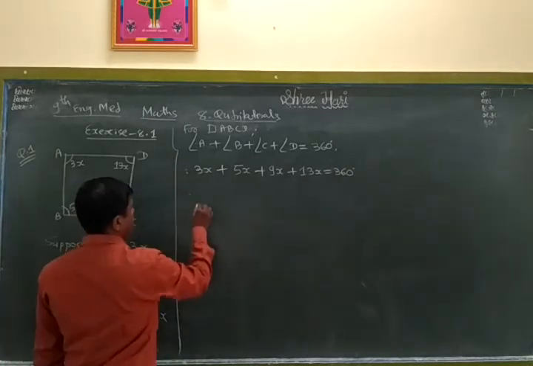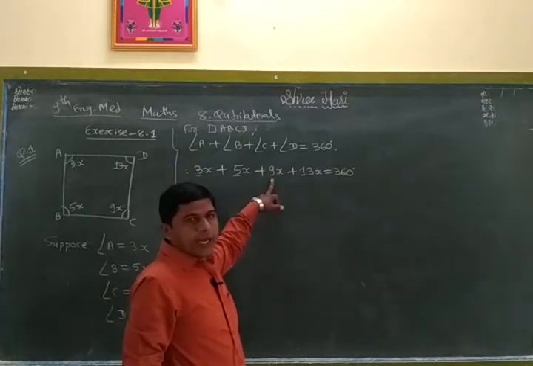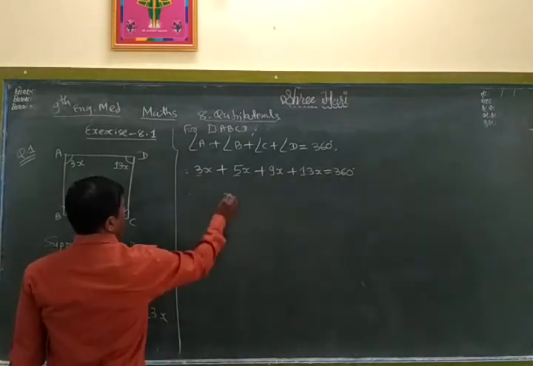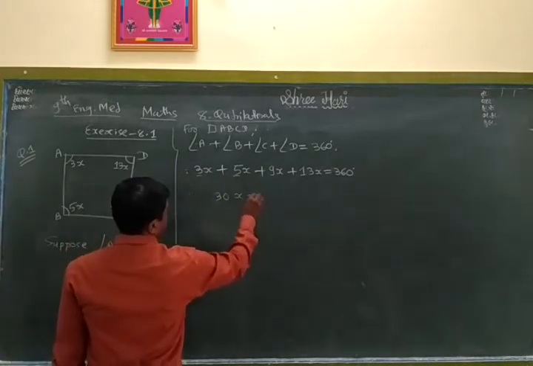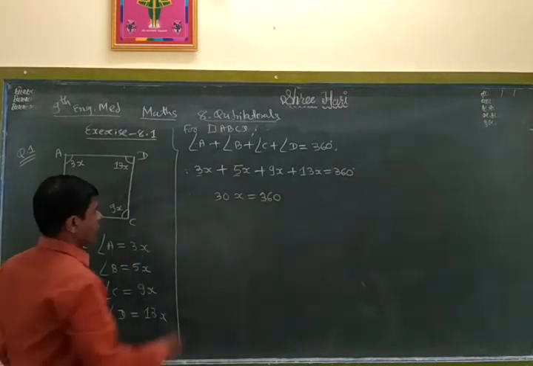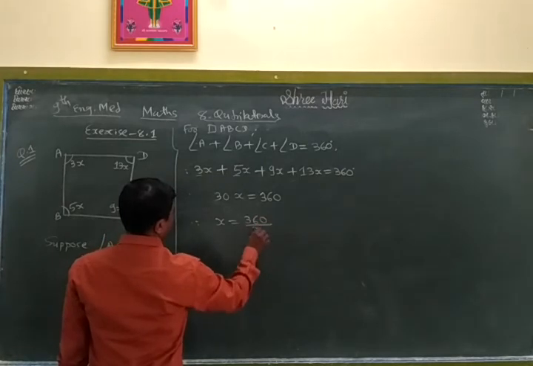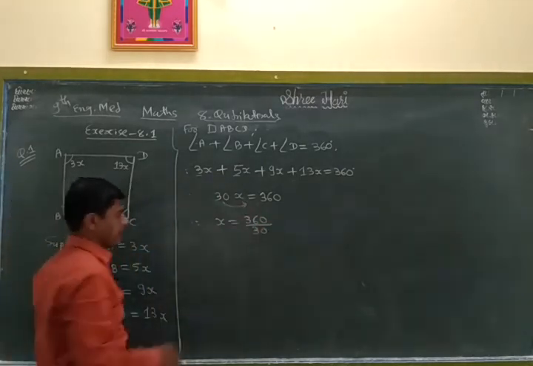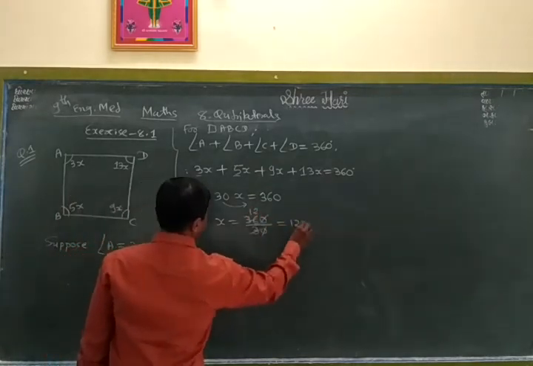Now addition: 3 plus 5 is 8, 8 plus 9 is 17, 17 plus 13 is 30. So 30x is equal to 360. So x is equal to 360 by 30, because multiplication goes to the other side as division. Zero zero cut, 12.